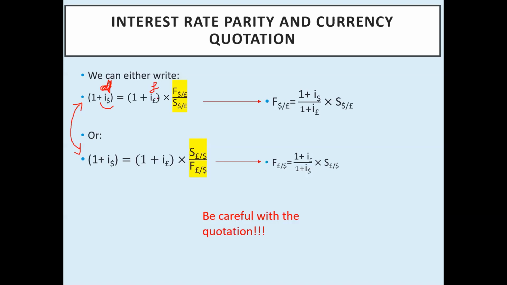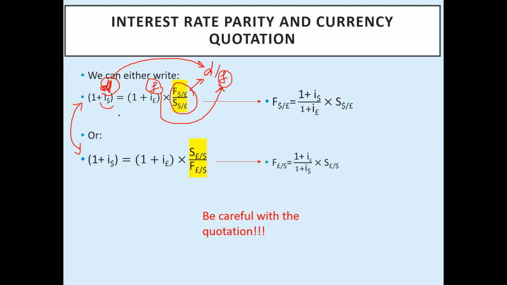If I write my exchange rate like this, then the forward and the spot rates here should be domestic divided by foreign. If domestic is on the left, then domestic should be the left-hand side currency as well. Similarly, if the foreign interest rate is on the right, then the foreign currency should be on the right as well. So this is one way to remember.